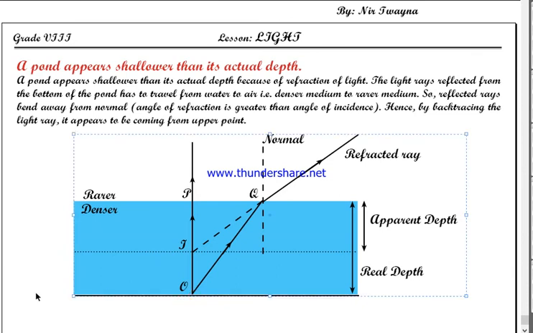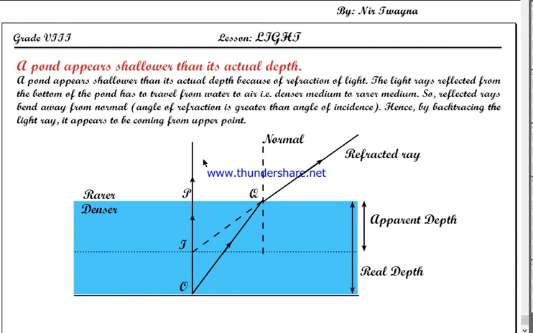Yes, this is the bottom of the pond, isn't it? And this is a random point at the bottom of the pond. From this point several light rays are being reflected, but we will trace only two of them. The first light ray is traveling perpendicularly to the surface. And you know, the light ray which is traveling perpendicularly to the surface does not undergo refraction.